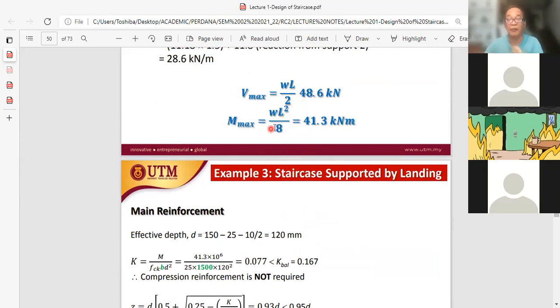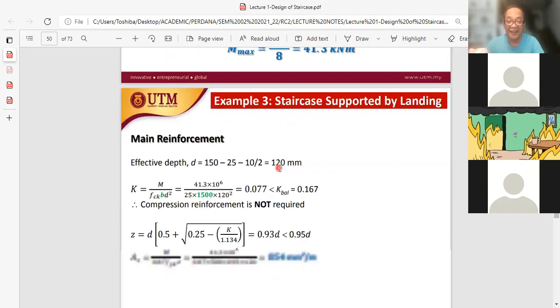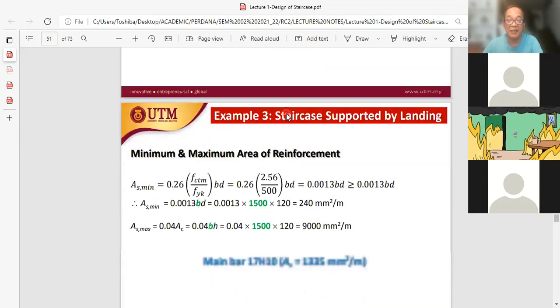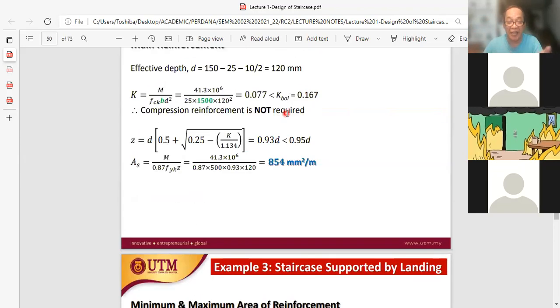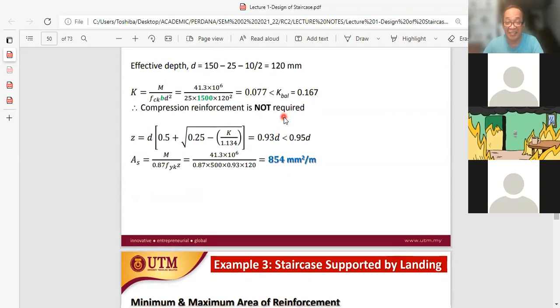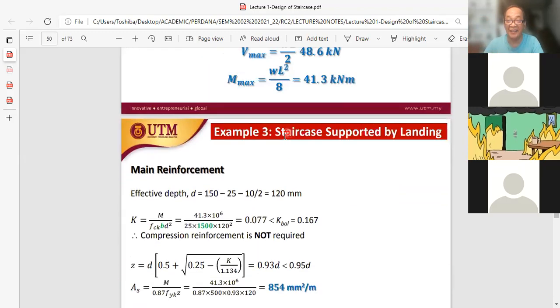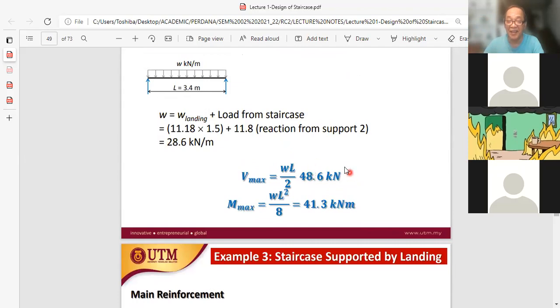So the bending moment for the landing is based on a simply supported case. We are now looking at the first example where we have a simply supported component in the staircase. Before this it was all continuous. And I guess the rest of the solution is quite similar to our previous discussion, using beam theory, a normal rectangular section, 1 meter width. Finally we get the result, only that for the landing it is no longer per meter width.